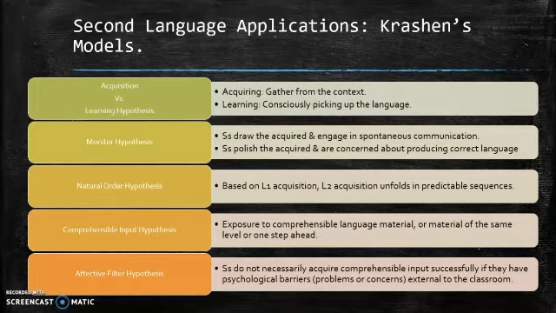Then the affective filter hypothesis says that students do not necessarily acquire comprehensible input successfully if they have psychological barriers. This might be problems or concerns. Probably the student is very sad, has problems at his home, and therefore will not be paying attention as he should in the classroom. So it does not matter how easy the teacher is trying to make the class.